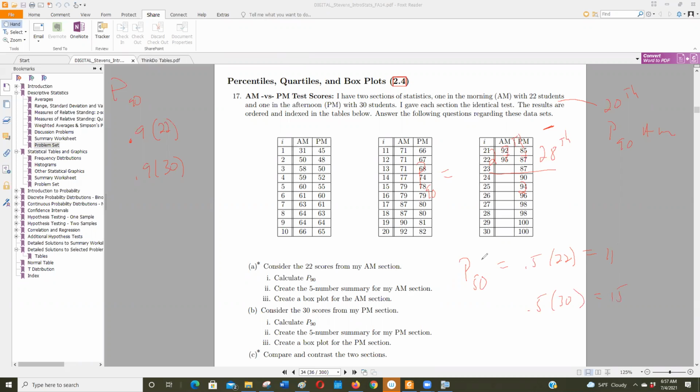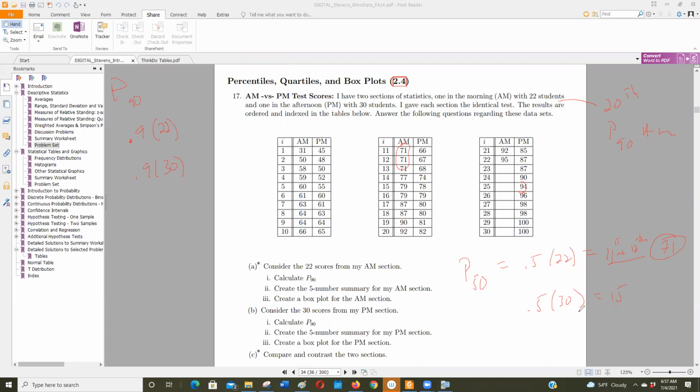So if we needed to find the median here, let me do some erasing so you can see the table better. For the AM, I would average the 11th and the 12th number to get the median. Those are 71 and 71, so the average is 71. So 71 would be the median.